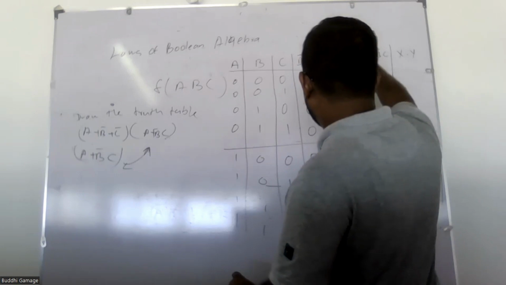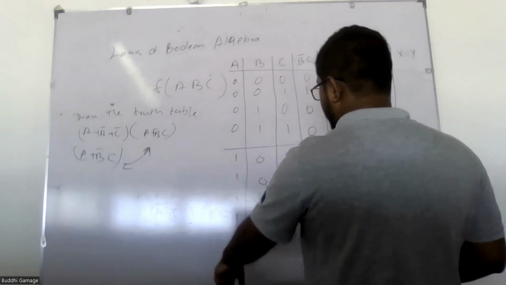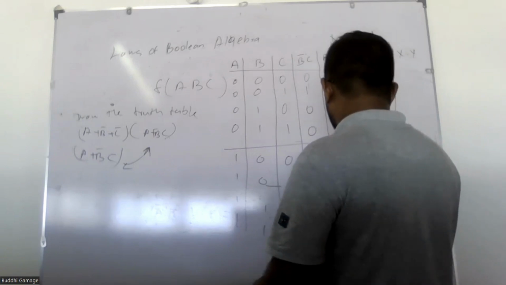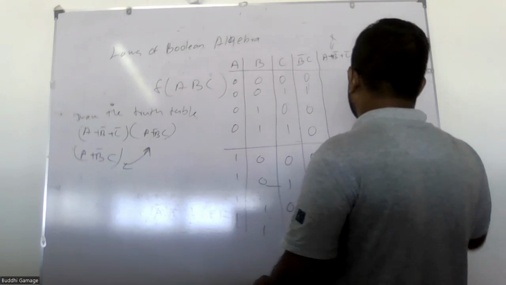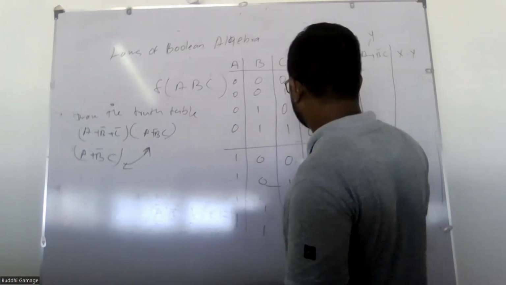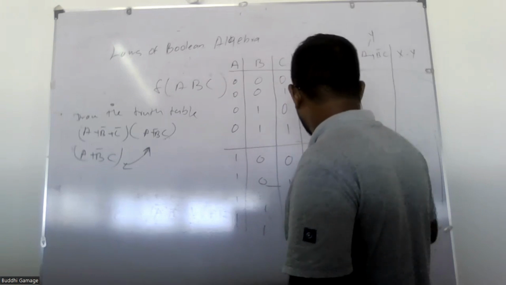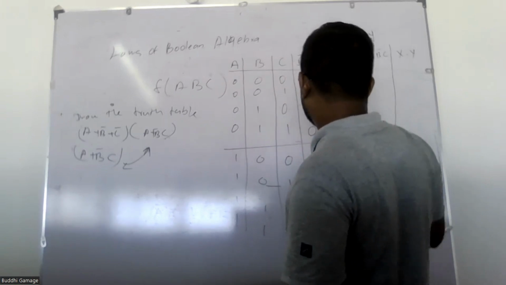Since this is A plus something, if A is true, then this part will always be true. And B bar should also be true. Not these ones, these ones should be true.